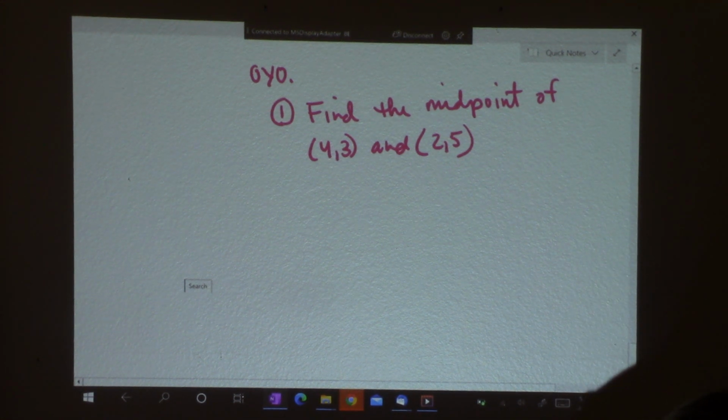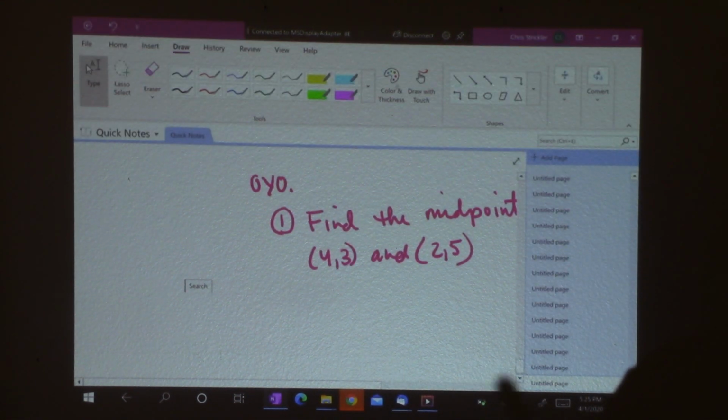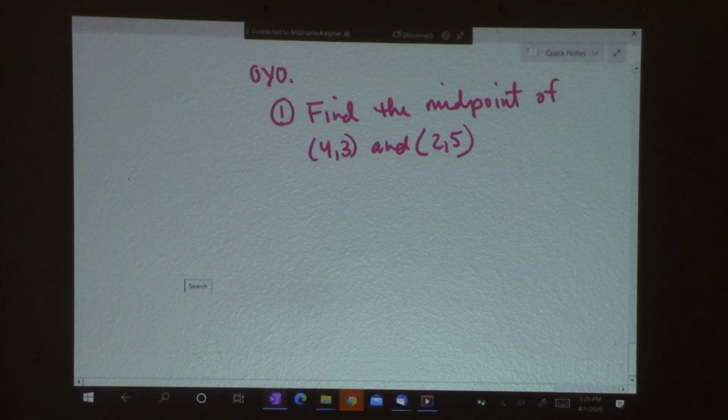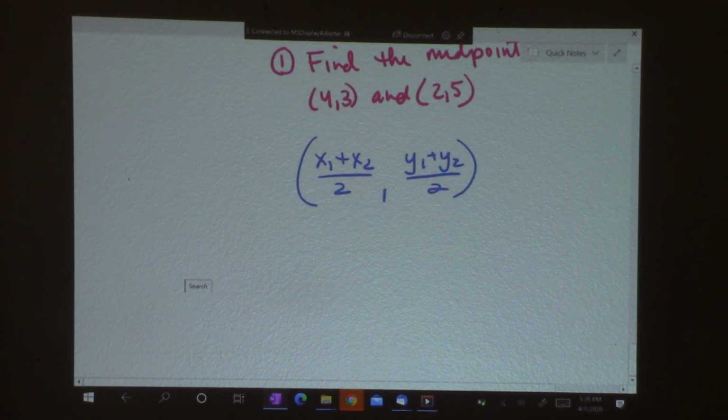All right, let's go over this together. I'm going to switch back to blue, and we're going to figure it out. My midpoint formula is x1 plus x2 over 2, y1 plus y2 over 2. Okay, so let's label.